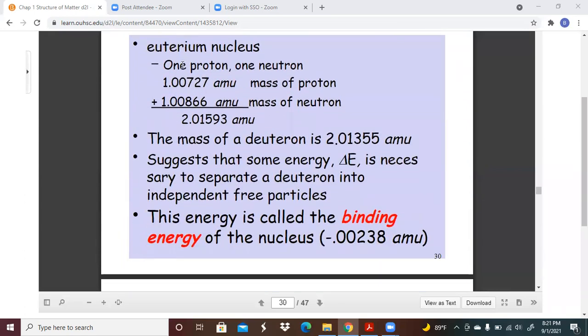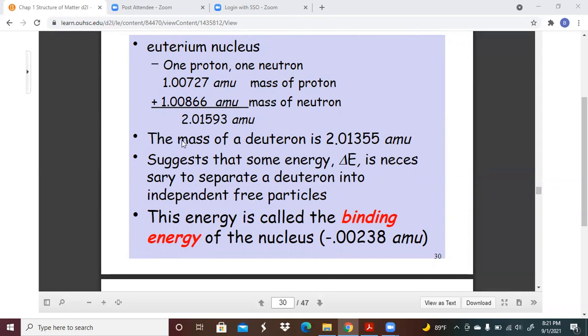If we took a look at a deuterium nucleus, you've got 1 proton and 1 neutron. If you take the rest mass of a proton and the rest mass of the neutron, this is what you come up with.